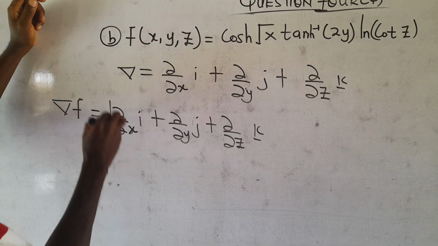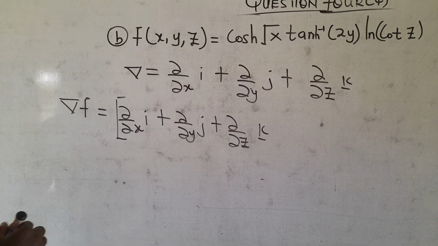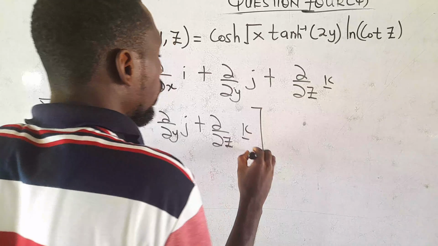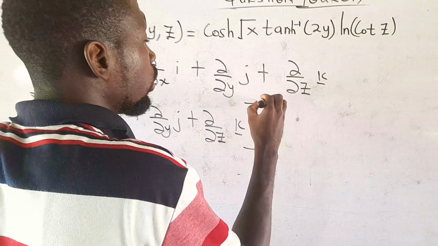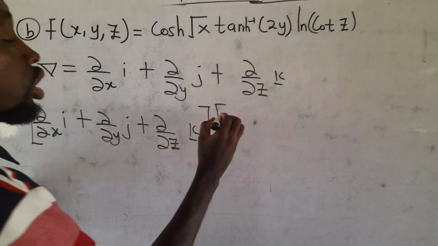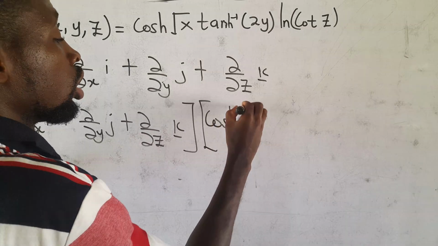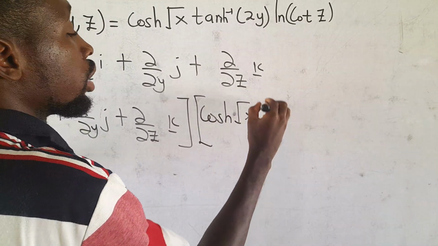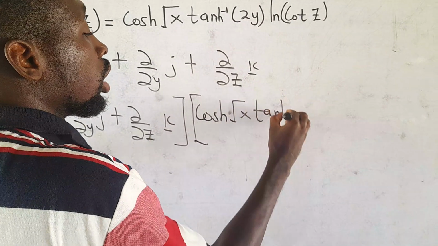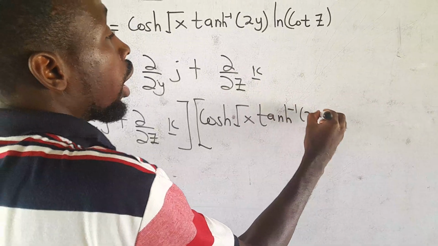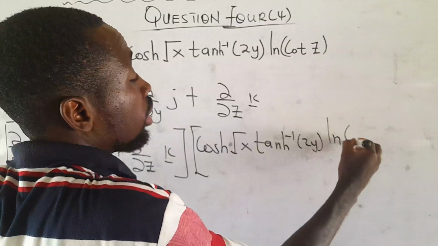People refer to the product between the differential operator and the vector field as the gradient. So times the vector field, which is cosh of the square root of x, tan inverse of 2y, ln cot z.